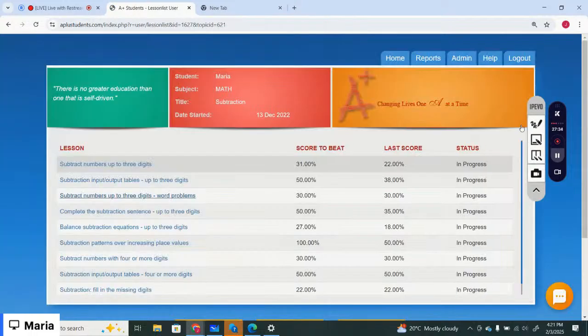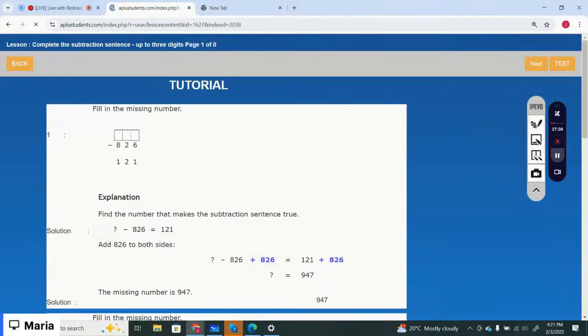The next lesson is complete the subtraction sentences up to 3 digits. Fill in the missing number.